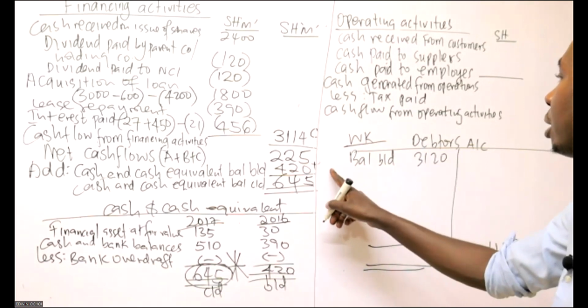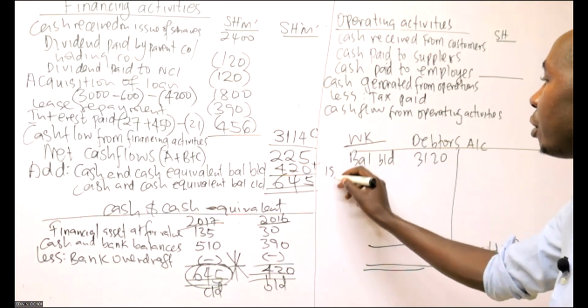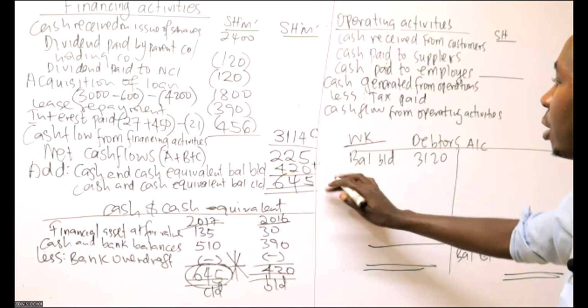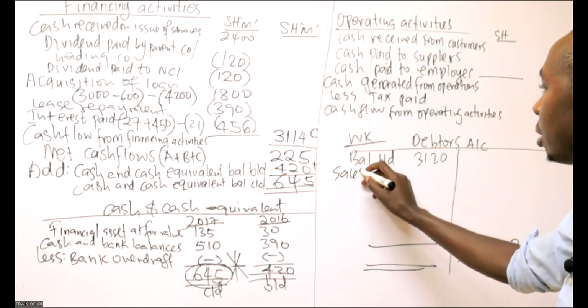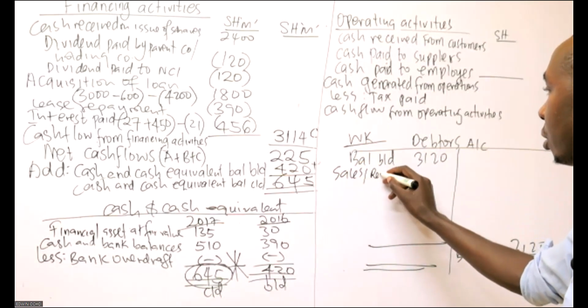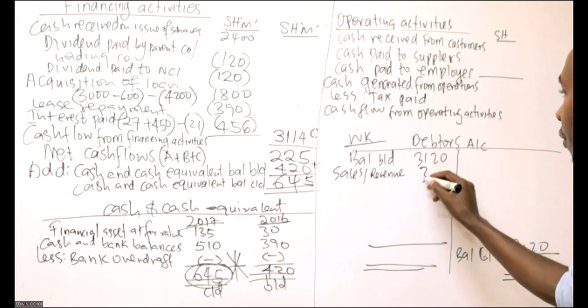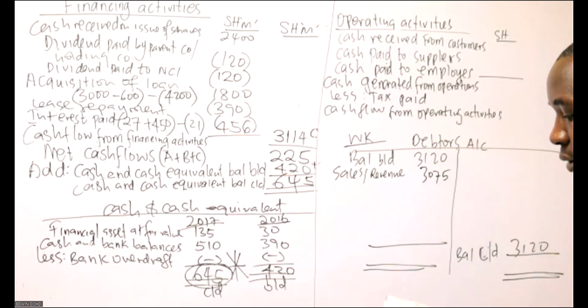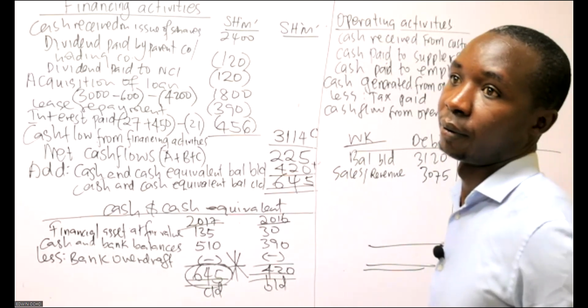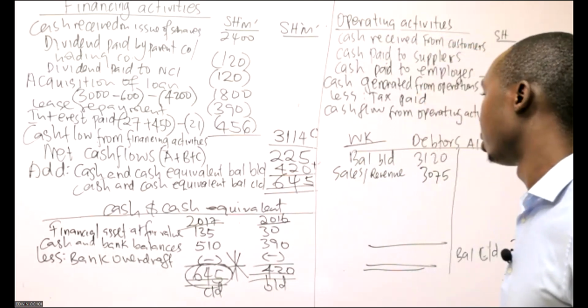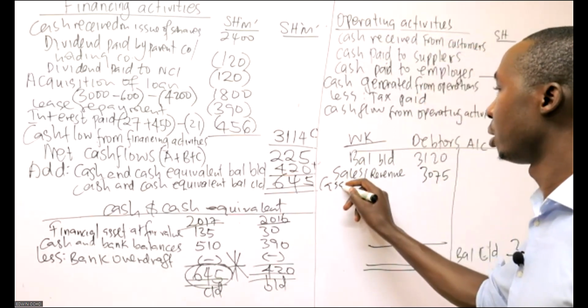What can increase your debtors balances? That is sales, or the revenue. Because revenue is due to sales. So the one from the income statement, the 3075. You assume that when they made that 3075, it was due to sales which was on credit. You assume on credit.